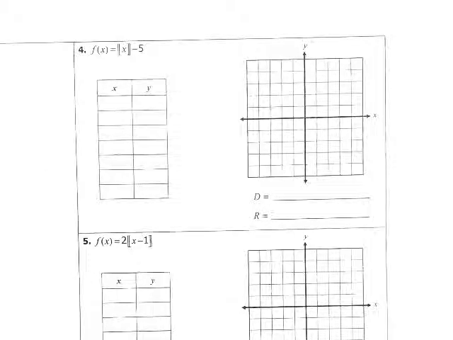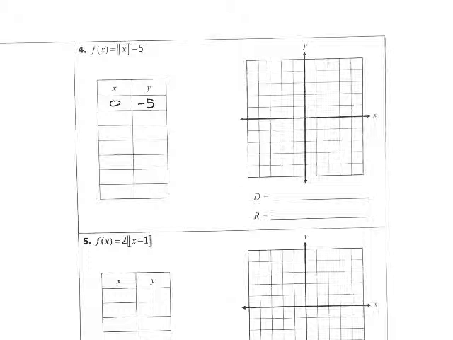So now we're going to see this basically shift down 5. So again, let's start at the origin. And that origin, the greatest integer symbol, means it's still going to be 0, but now we're going to subtract 5 after that. So we actually are starting at -5.